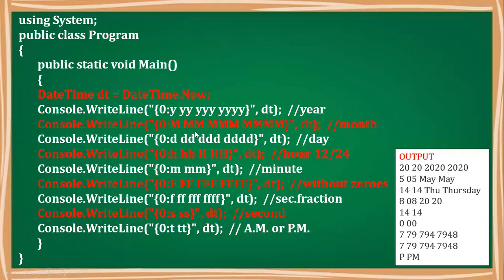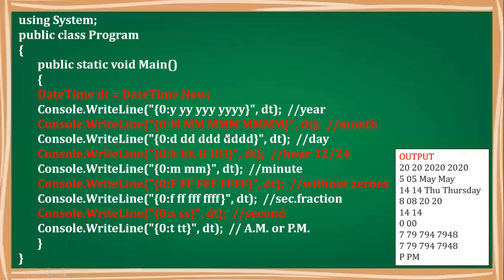Now next is month. After 0 colon, the m is single. If you give m, month is obviously 1 to 12, so it can be expressed in a single digit. So it is going to give you 5, in the second line of output. In the red second line of Console.WriteLine, we are explaining m. Then if you write mm, it will give you 05 because of 2 digits.